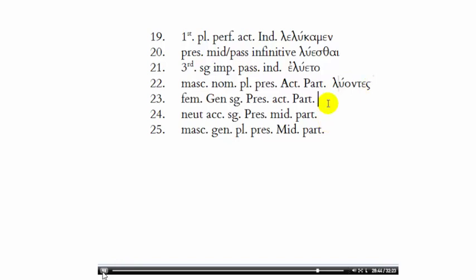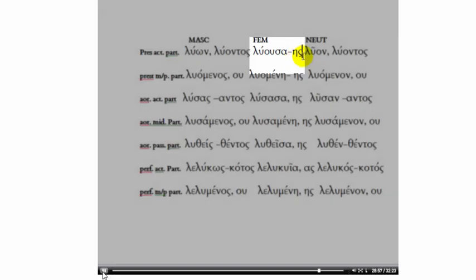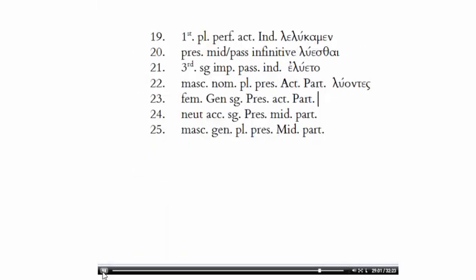The feminine genitive singular present active participle. The feminine genitive singular, if you recall, for the present, is like doxa, doxes. So doxes, or luouses in this case, will be the form we want. That's going to be the feminine singular. Luouses.